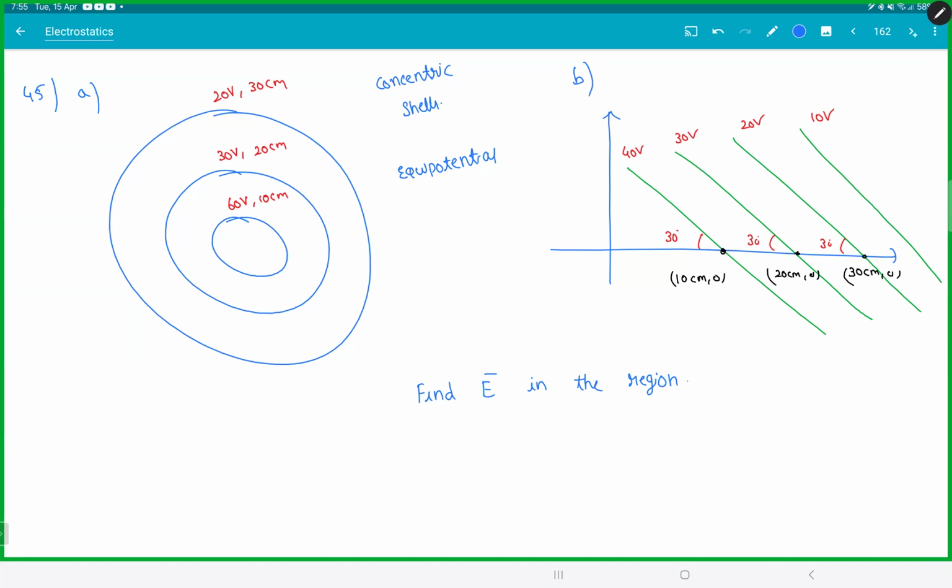Can you see some kind of sequence in the first one? V into R is constant.